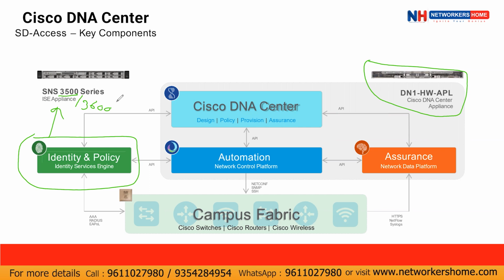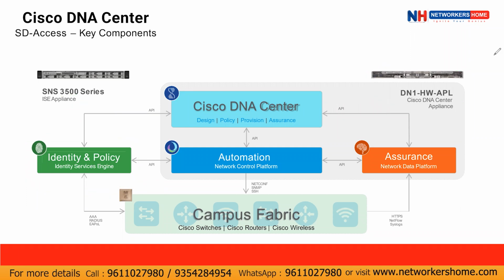And this, if you see, was the diagram which I was talking about. If you see this automation or network control platform, which sits inside the DNA Center, this specific platform is used in SD-WAN as well, ACI as well, and SD-Access as well.